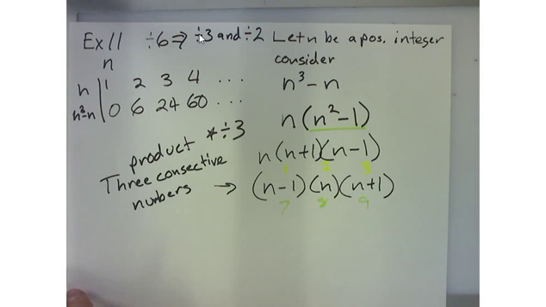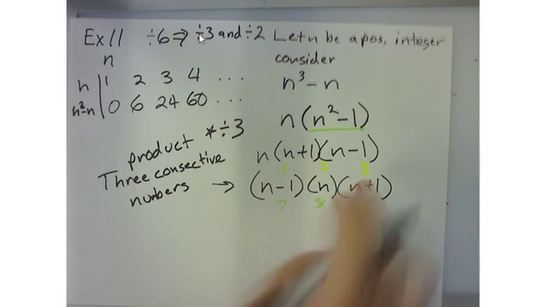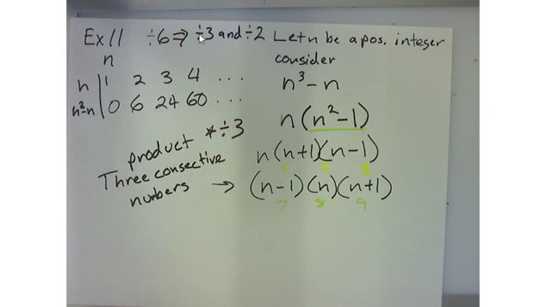Well, here's the other thing too. We just have to show that one of these numbers is divisible by 2. So if we're counting by 3, won't we have at least one number that's divisible by 2 as well? Look at this again. 1, 2, 3. Which one's divisible by 2? One of them is. Therefore, the whole thing is divisible by 2.